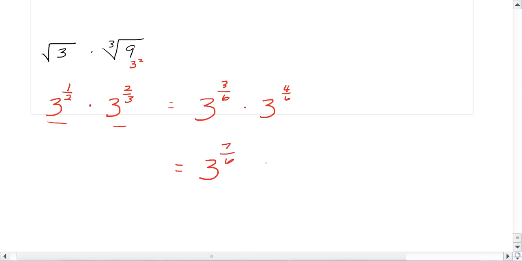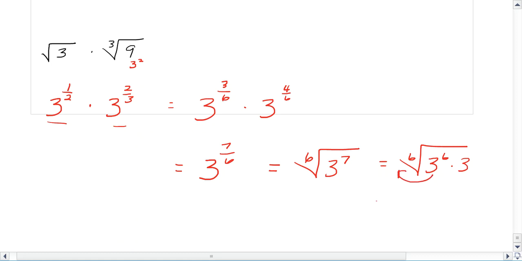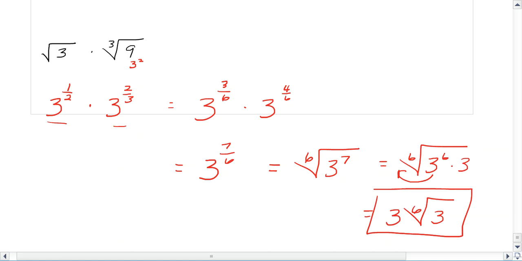Then let's convert this back to radical form, which would be the 6th root of 3 to the 7th. And again, of course, we simplify this. 3 to the 7th, we know there's a perfect 6th root in there, even though I don't know what it is. It's 3 to the 6th times 3. So this perfect 6th root comes out in front. So I'm left with 3 times the 6th root of 3 for my completely simplified answer.